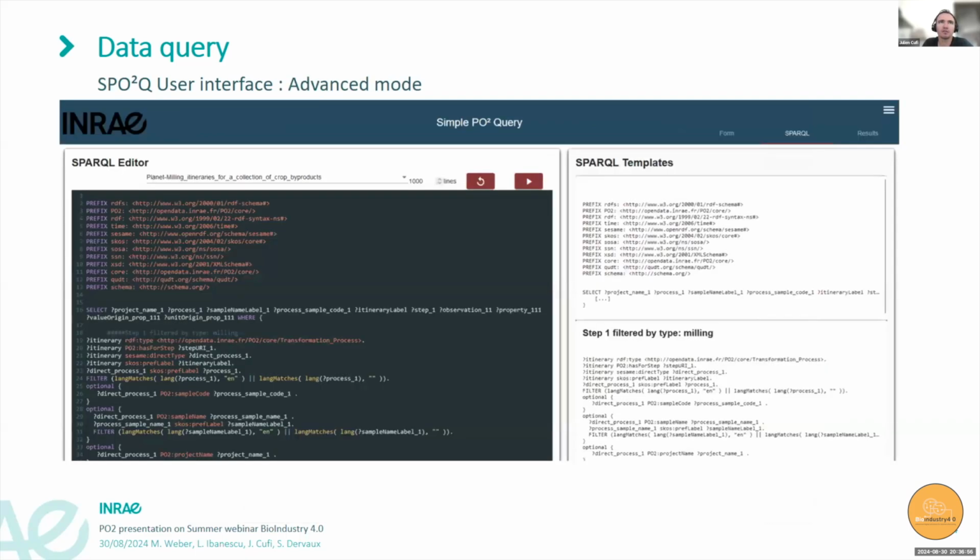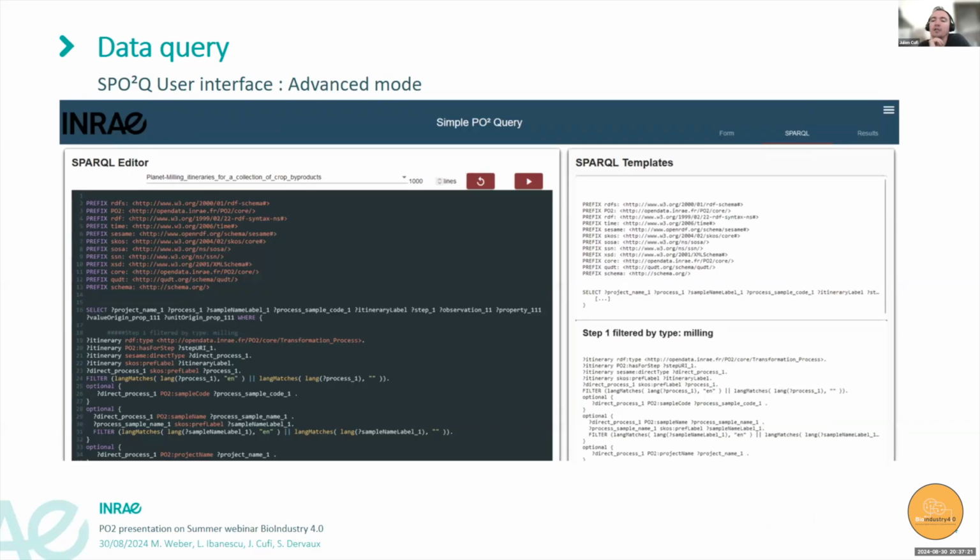So here it's a capture of the advanced mode. It's important to say that SPARQL is a powerful language to request data, and sometimes for power users, it's frustrating to use the web forms to build a query. So in this mode, you can write queries not buildable directly by the form, and you can perform some fine tuning.